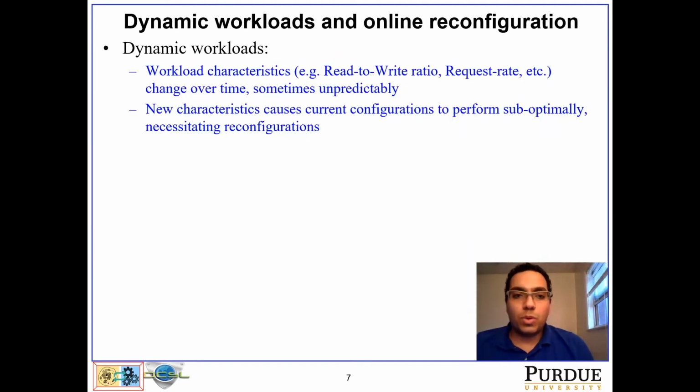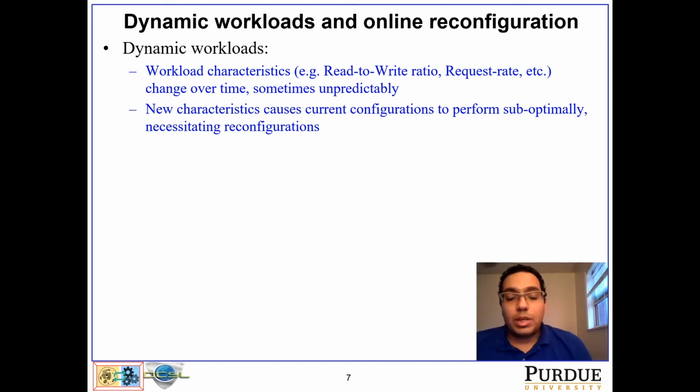Under dynamic workloads, which we often see in practice, the workload characteristics change very frequently over time, sometimes in an unpredictable way. This makes the problem even more challenging because upon a workload change, my old configurations might not be optimized for the new workload, and therefore a reconfiguration is necessary.